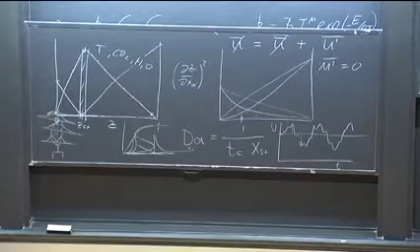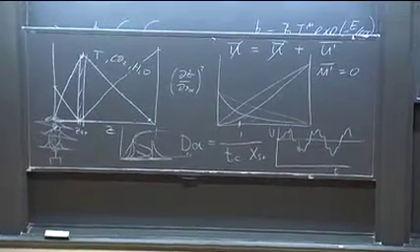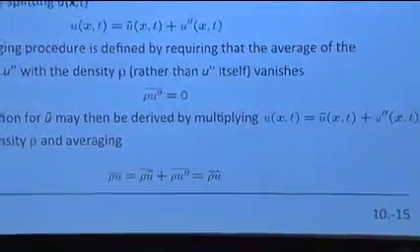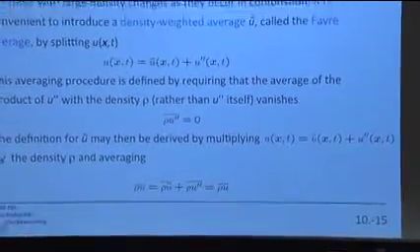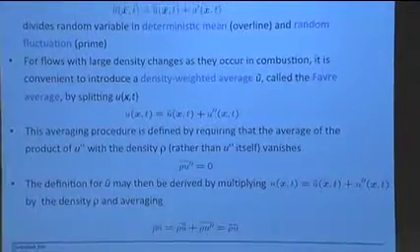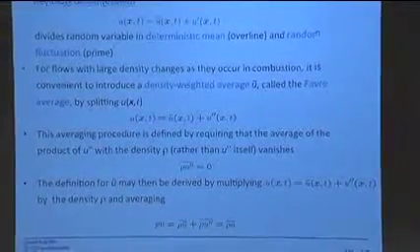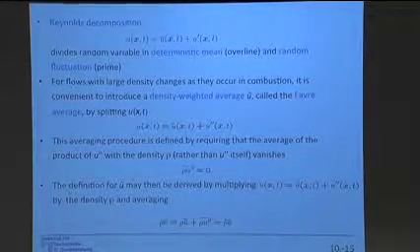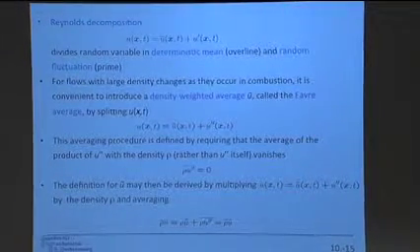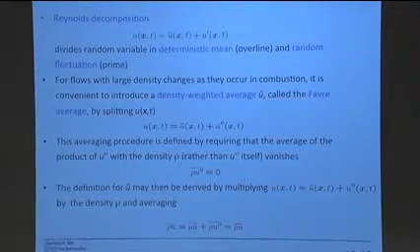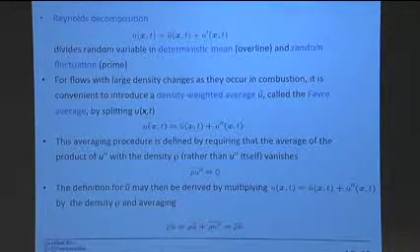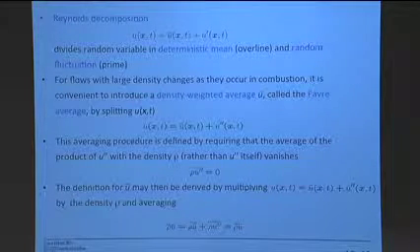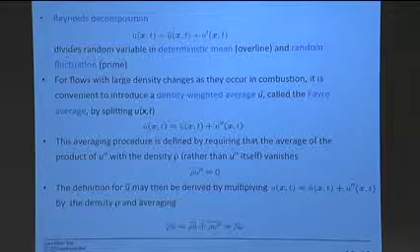Now, here we make a different assumption. We assume that rho times u prime prime bar is 0. What this means is that rho u mean, introducing this decomposition for u, gives you a term rho bar u mean, and a term that by definition is 0.